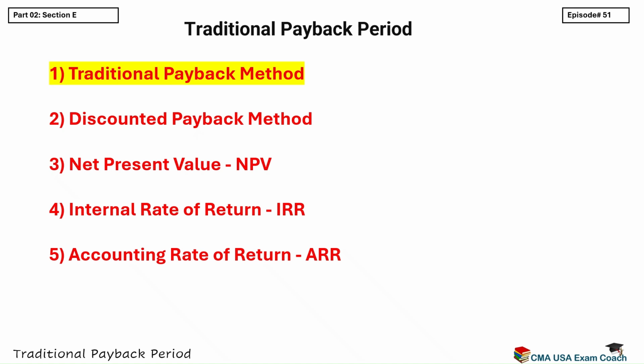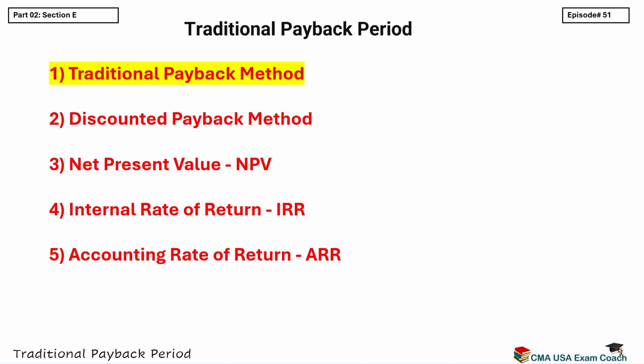These are the discounted payback method, the net present value, also called NPV, the internal rate of return, also called IRR, and finally, the accounting rate of return, also known as ARR. Each of these tools has its own way of analyzing an investment, and by the end of this series, you will have a complete picture of how managers make capital budgeting decisions.